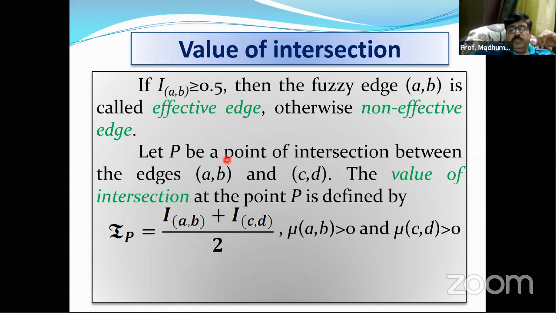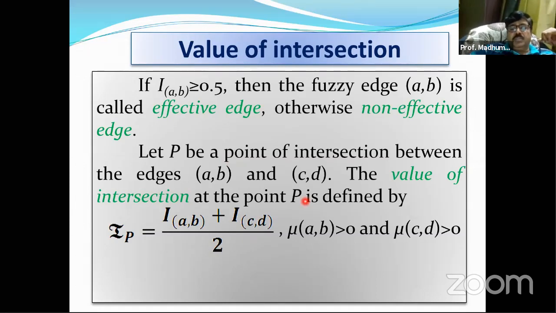And based on this considerable value, we define the value of intersection at the point. So P is a point of intersection between the edges. If you consider a graph is given, a lot of edges are there, some edges are intersected with other edges, and some edges do not intersect with other edges. Okay.